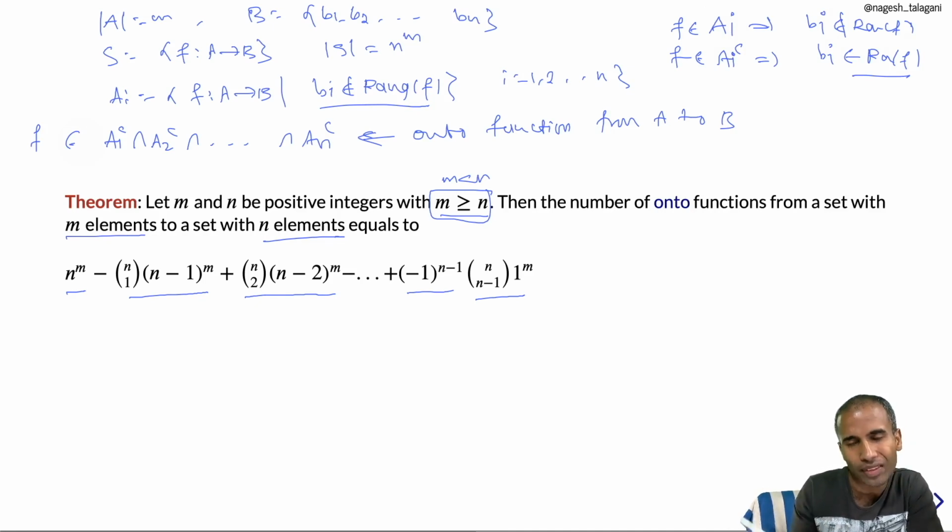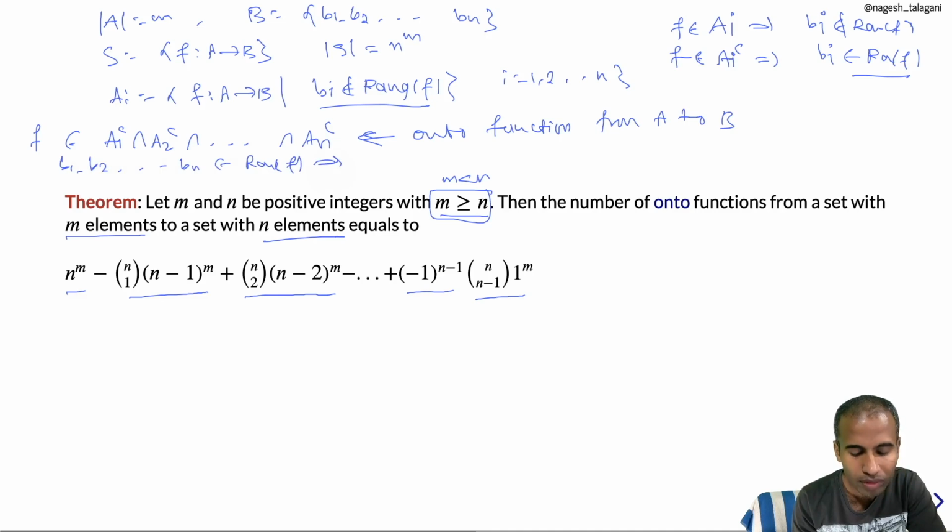on intersection An complement, that means f belongs to A1 complement means b1 belongs to the range of f, and f also belongs to A2 complement means b2 also belongs to the range of f, and f also belongs to A3 complement means b3 also belongs to the range of f, and so on. f also in An complement means bn also belongs to the range of f, that means b1, b2, everything belongs to the range of f.